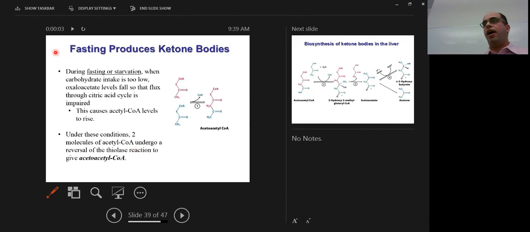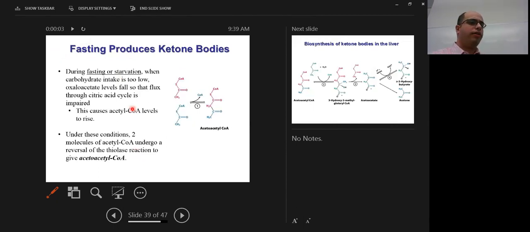So when our bodies undergo fasting, whether it is intentional or during a starvation type situation, our carbohydrate intake is too low. The oxaloacetate levels in the citric acid cycle fall so that the flux through the cycle becomes impaired. And this causes acetyl-CoA levels to rise.